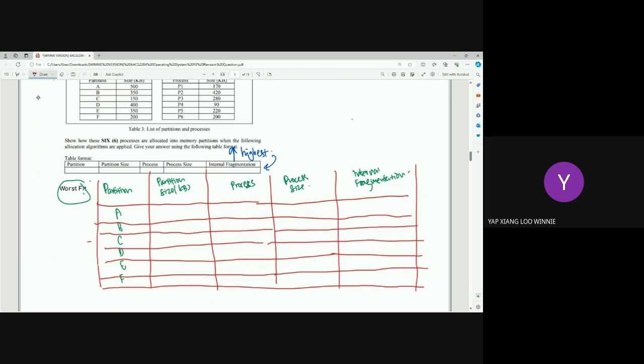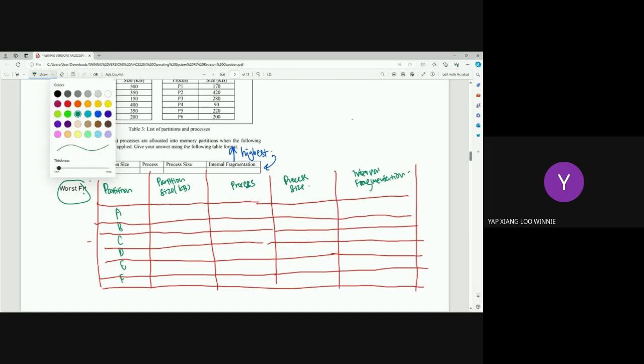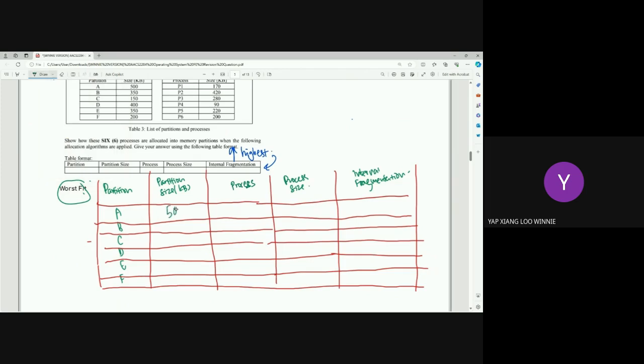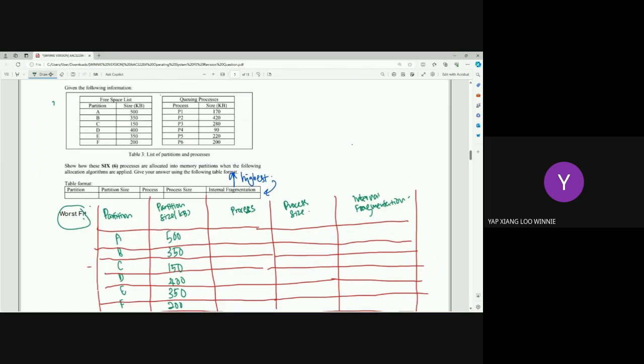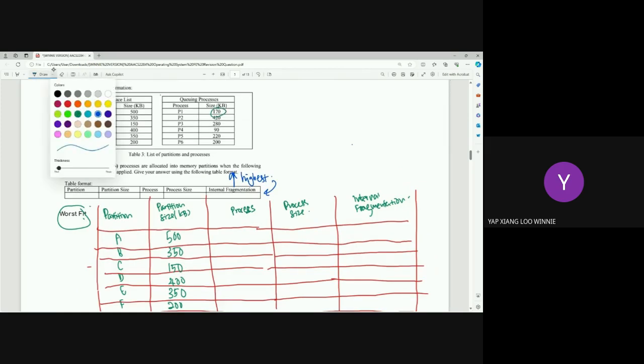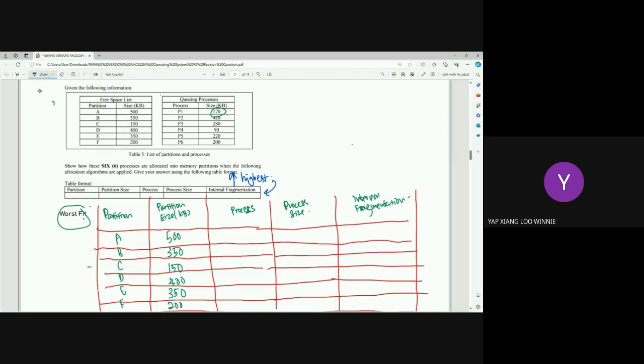Okay, done drawing. Now let me fill in the available partitions first: 500, 350, 150, 400, 350, 200. Now worst fit, process 1, 170. To do worst fit, you find which one has the highest value, which will cause the highest fragmentation.